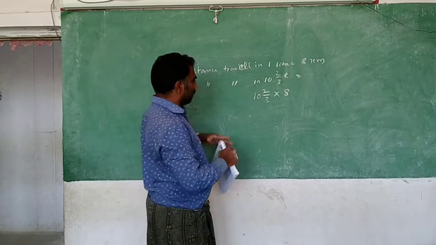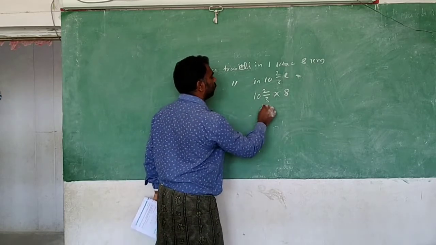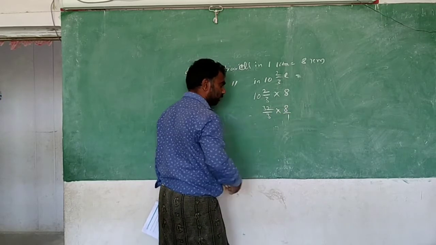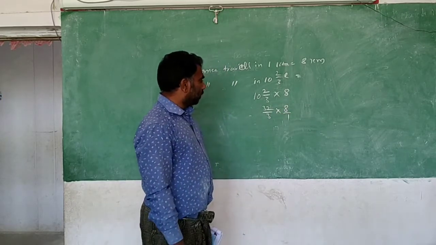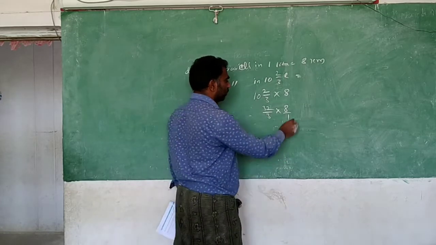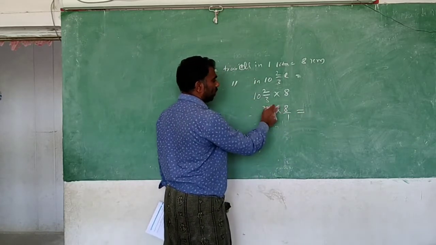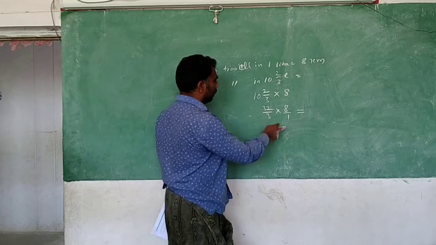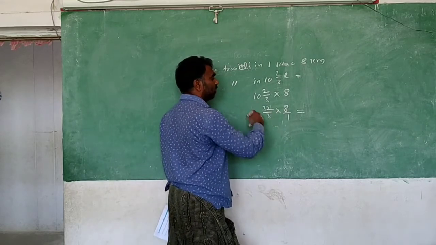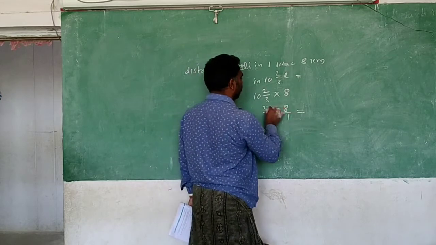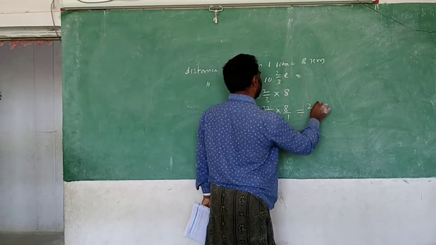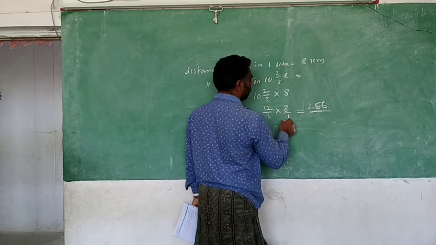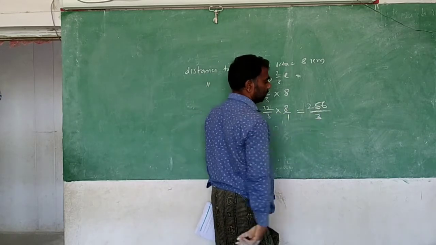So what will be the multiplication? You know that 10 3s are 30 plus 2, 32 by 3 into 8. This is by 1. Then a chance is there for cancellation. Maybe you will say these two are there, but should not take. I said to you, numerator should not cancel. There is no choice. That's why you will multiply the numerators. 8 32s, 256 by 3 1s are 3.